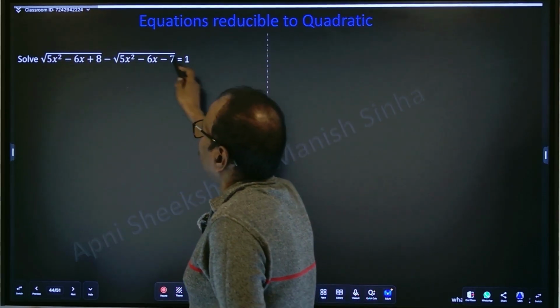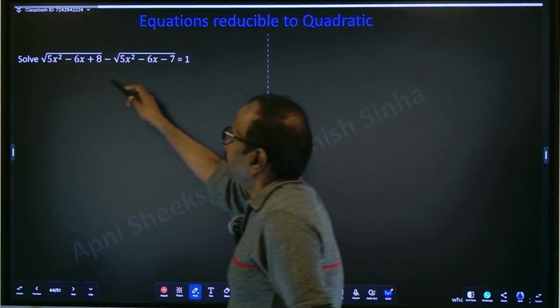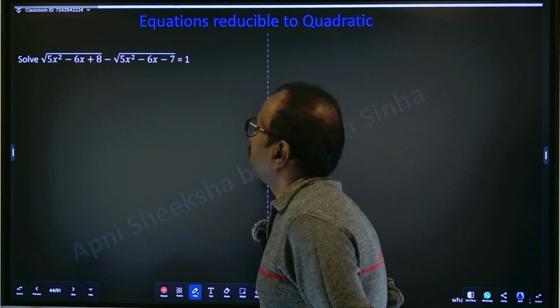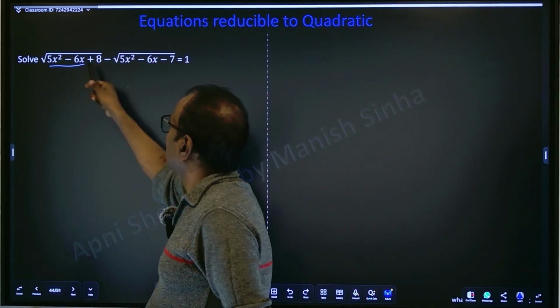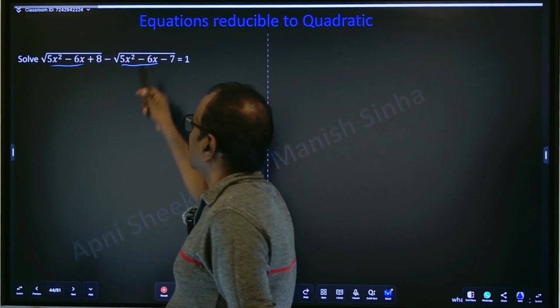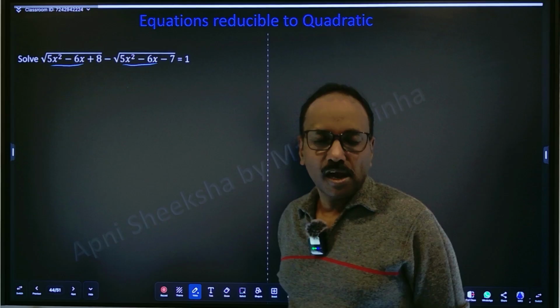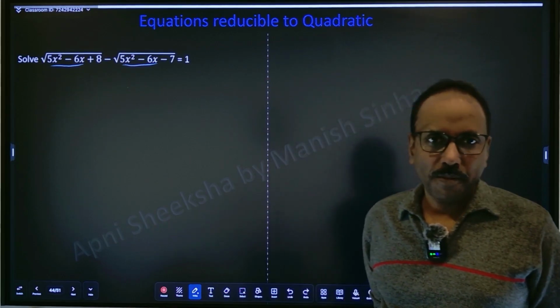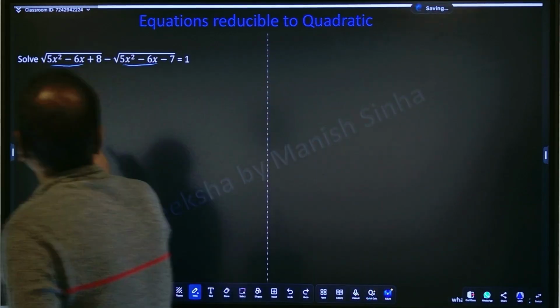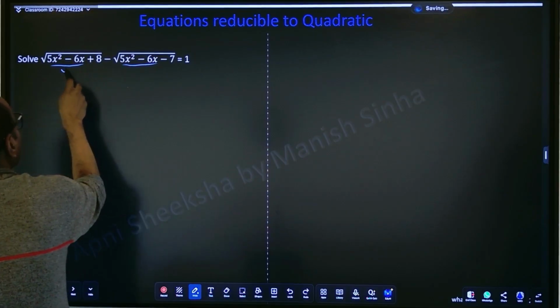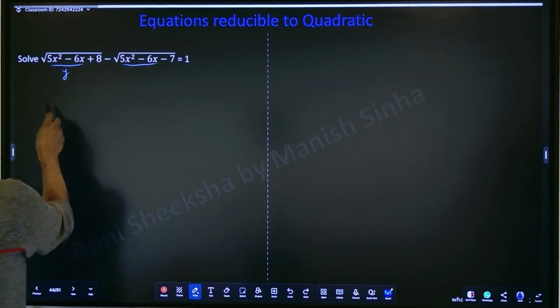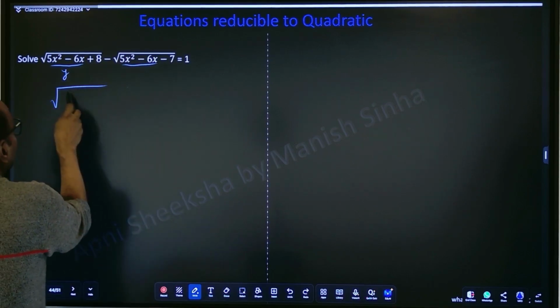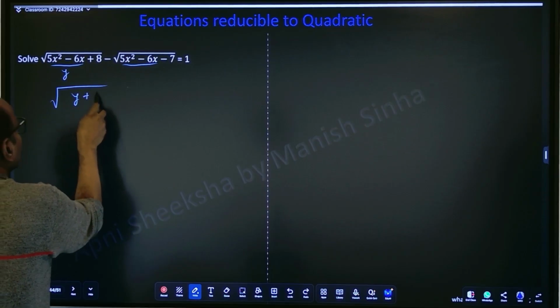Here if you see the equation, you observe that this and this are the same. So let us give it a name, like y. So our equation will look simple now in this form.